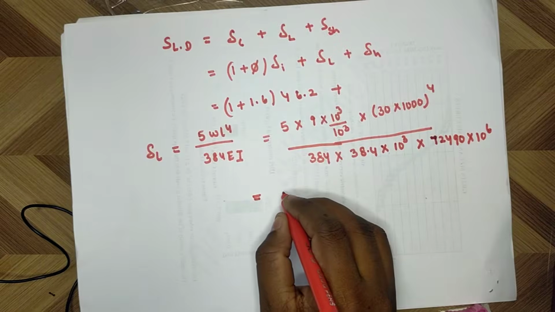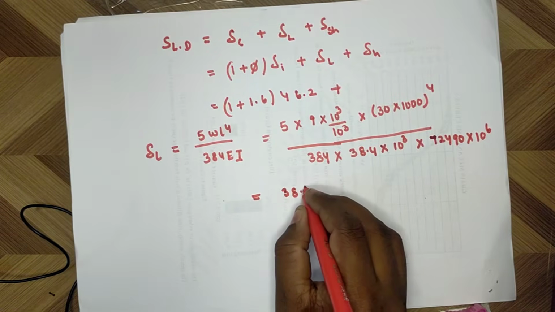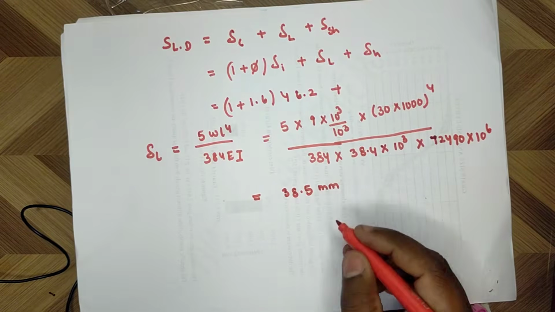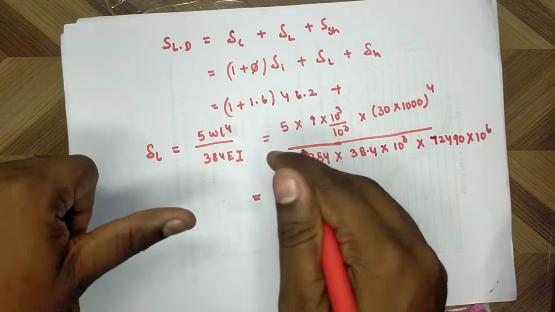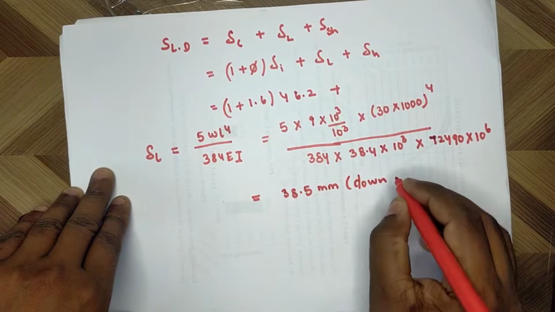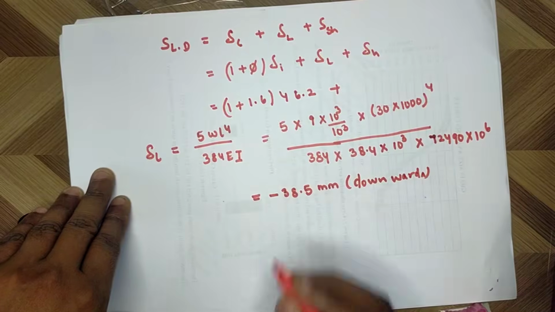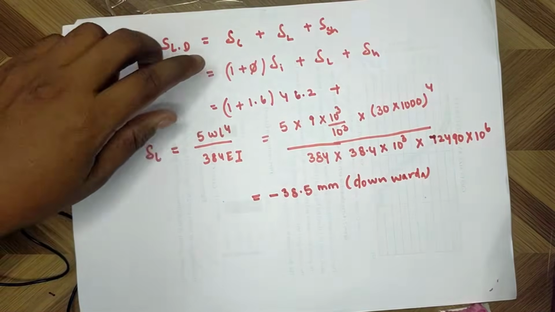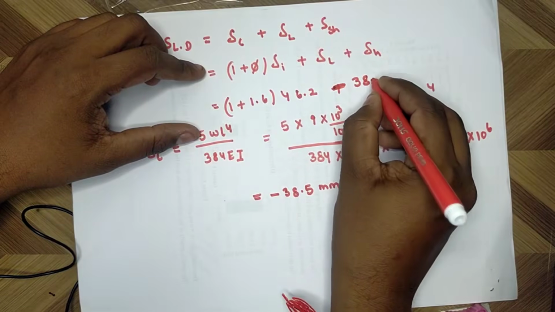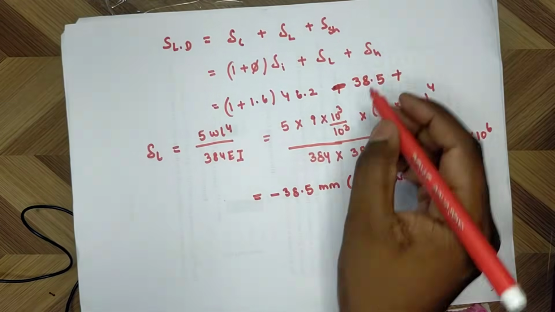By solving this, the deflection due to live load is 38.4 mm. Deflection due to live load is always downwards, means negative, right? Now substitute this value, it is minus 38.5.